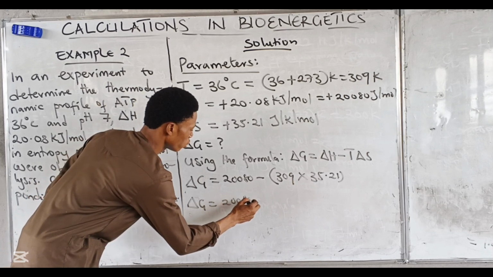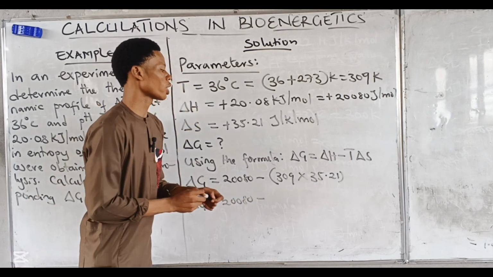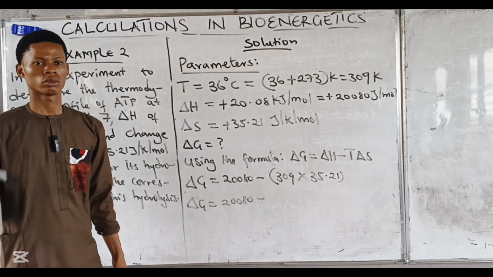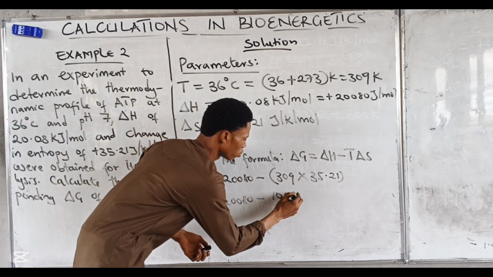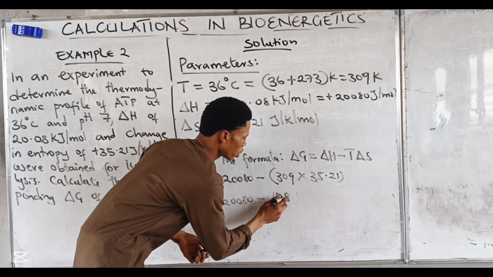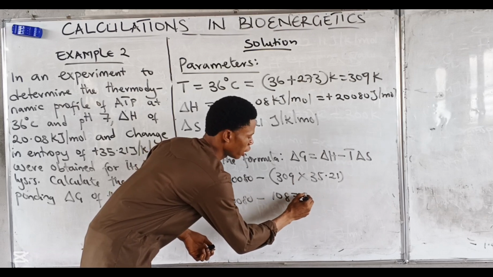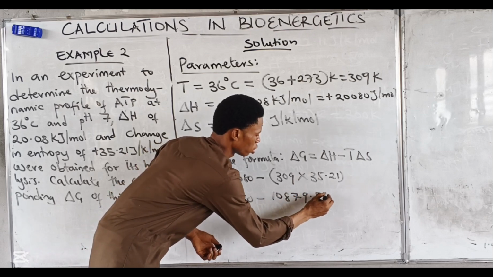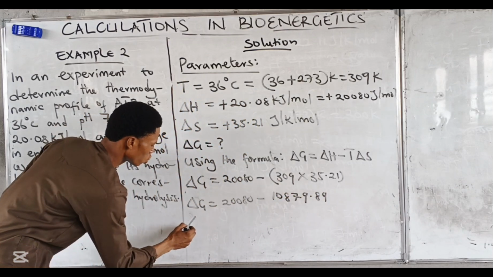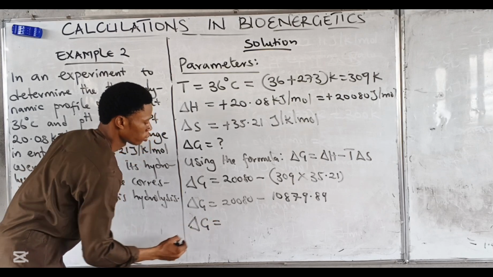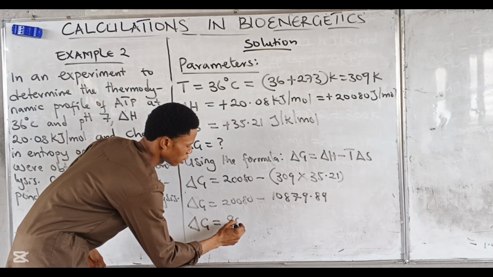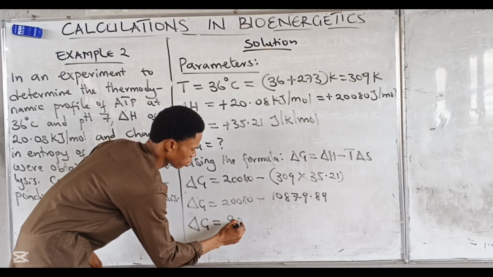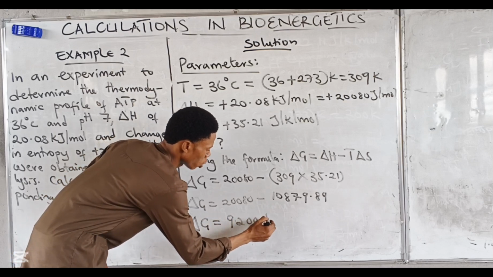So delta G will be equal to 20080 minus, do this times this for me. 10,879 point what? So this minus this will give us what? 9200.11.